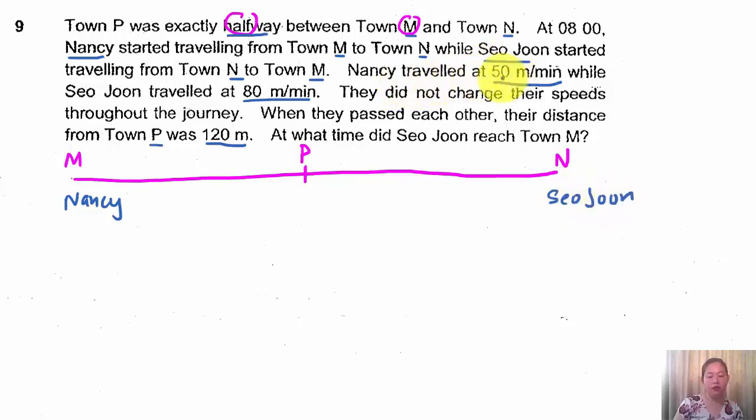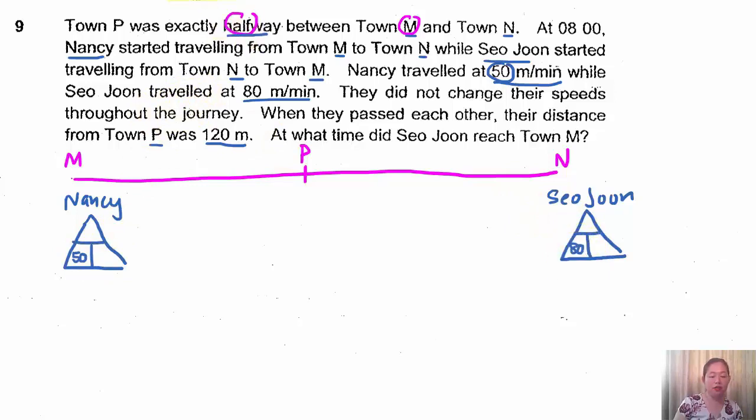Since Nancy traveled at a speed of 50 meters per minute, I suggest that you also draw your DST triangle here so that you can look at the relationship of the information very quickly. So here we have 50. Please be careful that you write it in the right triangle, and Seo Jun will be 80.